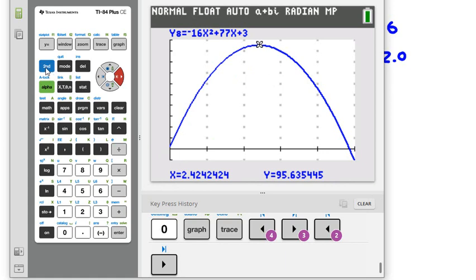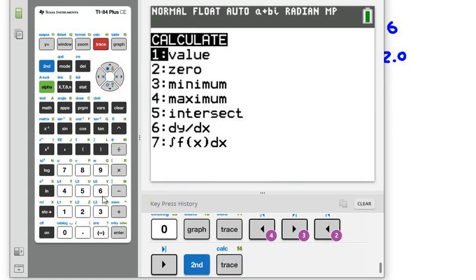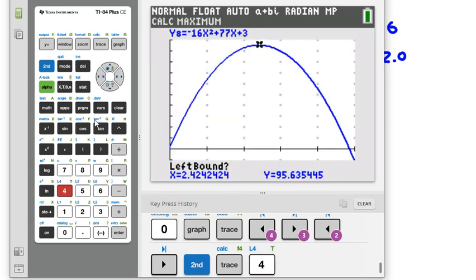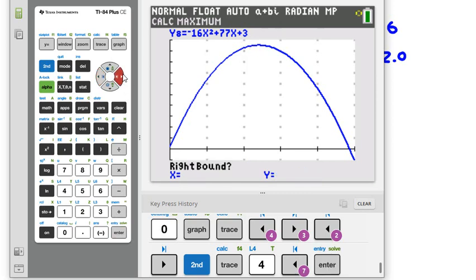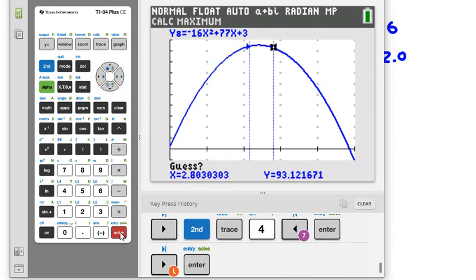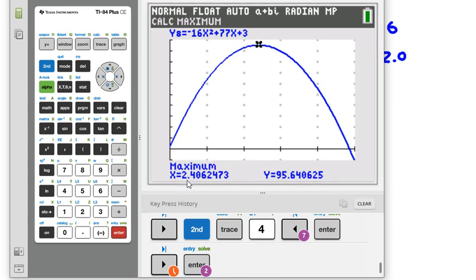We can get it exactly using second trace and maximum. I go to the left of the maximum, press enter, and press enter again twice. And we get x equals 2.406.